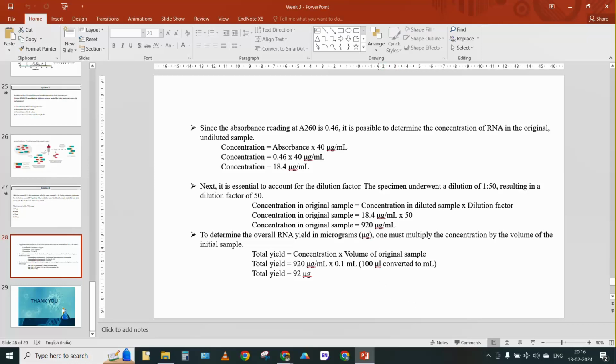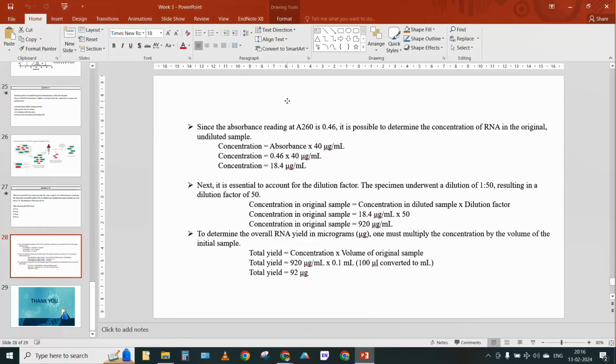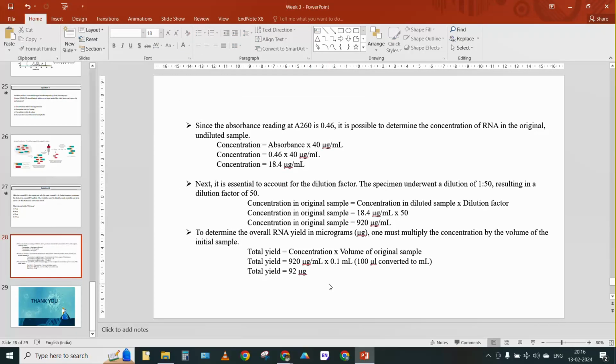Yes, sir, visible. So I have calculated this. So just tell me, is it correct or not? Yes, sir, it's correct. So the answer is 92 microgram. So do I have to explain this? Or actually, this is a simple calculation.